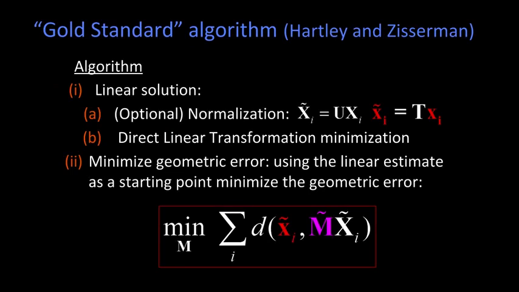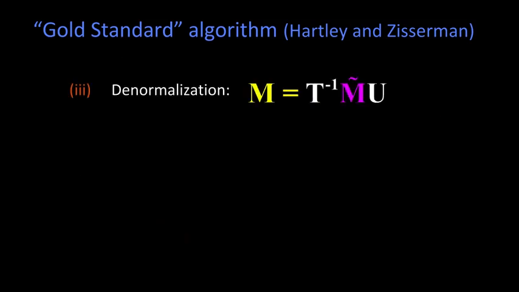And then using the M, you project the points, and then you can minimize that total distance, that's what's written down below, using, like I said, your favorite nonlinear method. After you've done all that, if you've done the normalization, you have to denormalize or translate back from the normalized methods. So that's how you get out your M. And that's what they refer to as the gold standard algorithm of calibration.